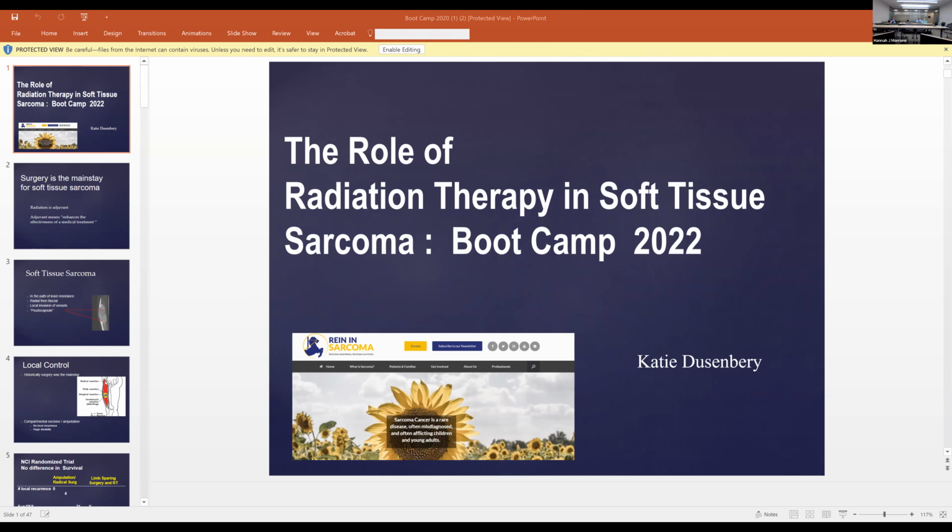And lo and behold, the local recurrence rate was a little higher. Got an amputation, you can't have a local recurrence. But if you have radiation, you can. It was a little bit higher in the radiation arm, but the disease-free survival and the 5-year survival were the same. So since that time, we've known that you can do less surgery with radiation.